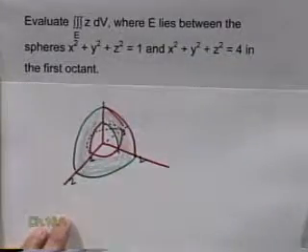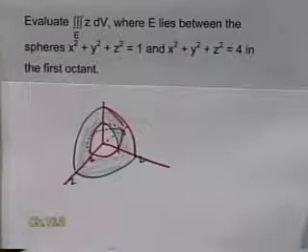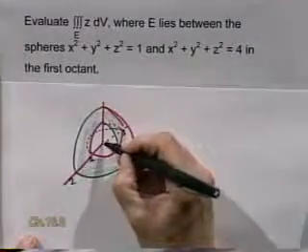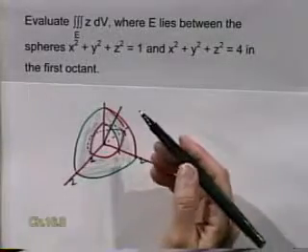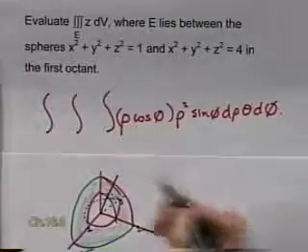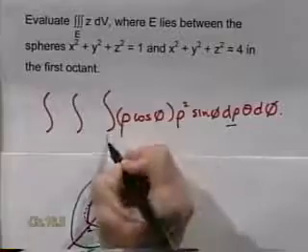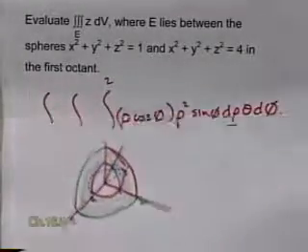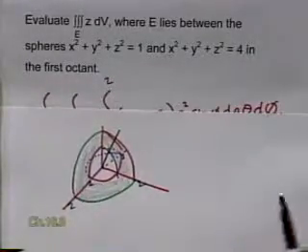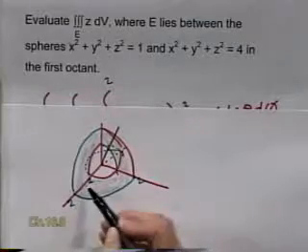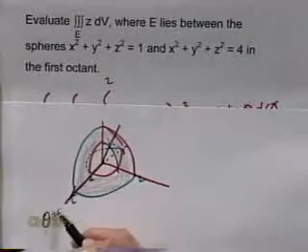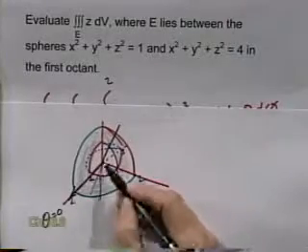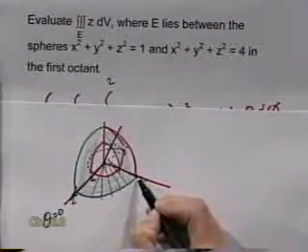Let's take an arbitrary spoke. If I take an arbitrary spoke, what is rho ranging from inside the region? 1 to 2. Rho is ranging from 1 to 2. Now, to get all these points in the picture, theta equals 0 is like this, and we have to rotate it around till it ends up right here, right?